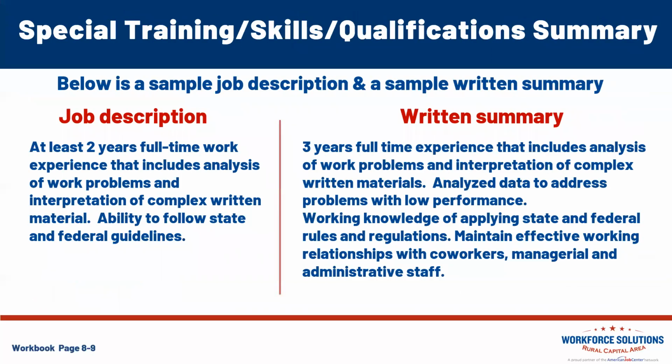So here's an example of what I'm talking about. If the job description said at least 2 years full-time work experience that includes analysis of work problems and interpretation of complex written material, ability to follow state and federal guidelines, your written summary should look like this: 3 years of full-time experience that includes analysis of work problems, interpretation of complex written materials, analyze data to address problems with low performance, a working knowledge of applying state and federal rules and regulations, maintain effective working relationships with coworkers, managerial, and administration staff.